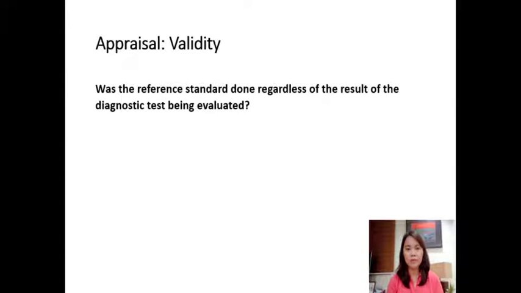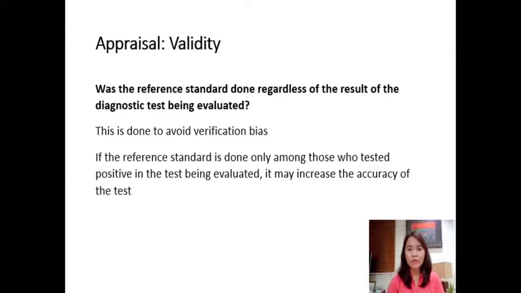Okay? The next question that we have to ask is, was the reference standard done regardless of the result of the diagnostic test being evaluated? This is done to avoid verification bias. Because if the reference standard is done only among those who tested positive in the test being evaluated, it might falsely increase the accuracy of the test.